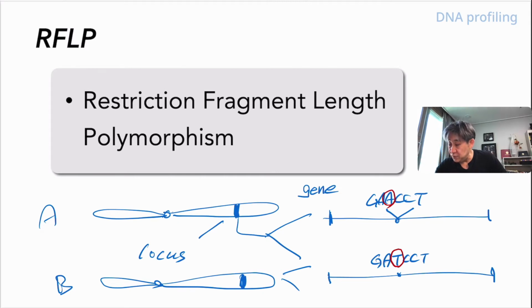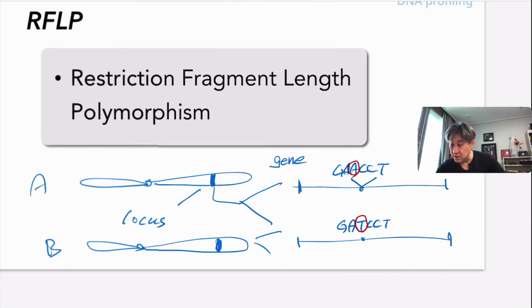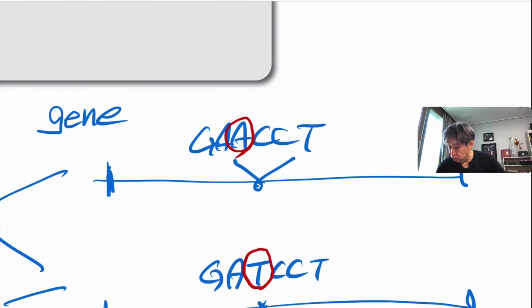You have these two individuals having one DNA nucleotide sequence change between them. One has an A and the other one has a T. Other than that, you have almost identical GAACCT versus GATCCT. Wow.